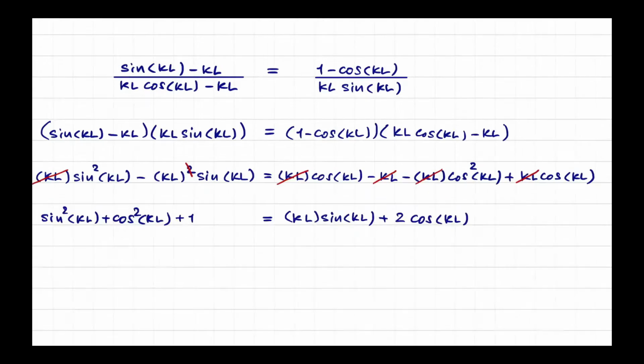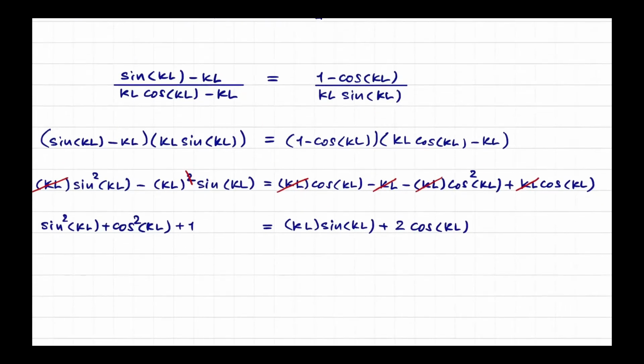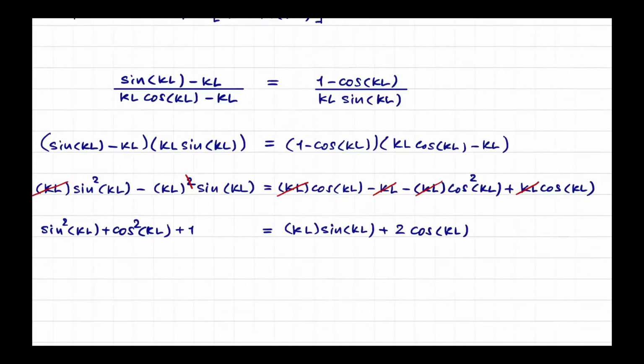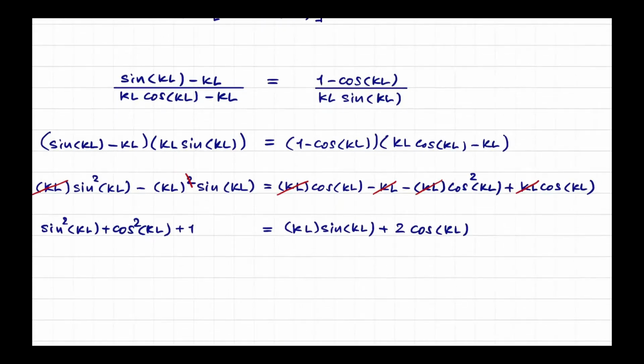It's just a clean 1 cosine and KL cosine minus KL. So cosine KL, yes, KL cosine square.